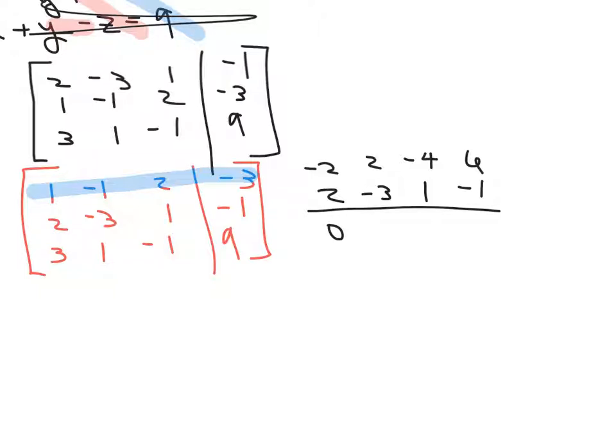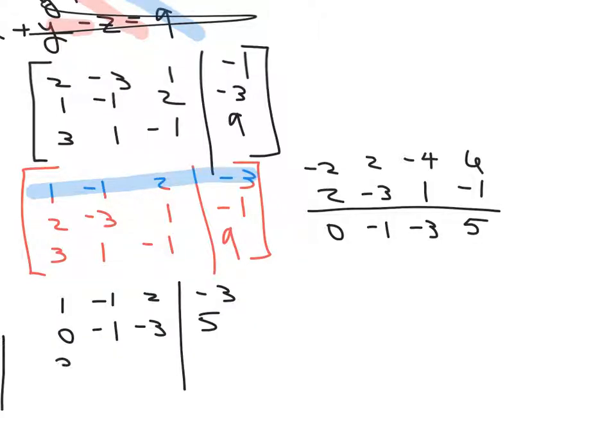So that becomes a 0, negative 1, negative 3, and a 5. Okay, so that second row has changed. So let's see what we've got here. We've got our first row, and our new second row, and our third row that we still haven't touched.